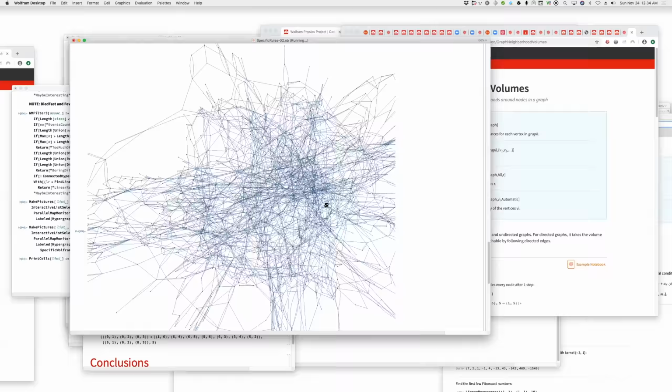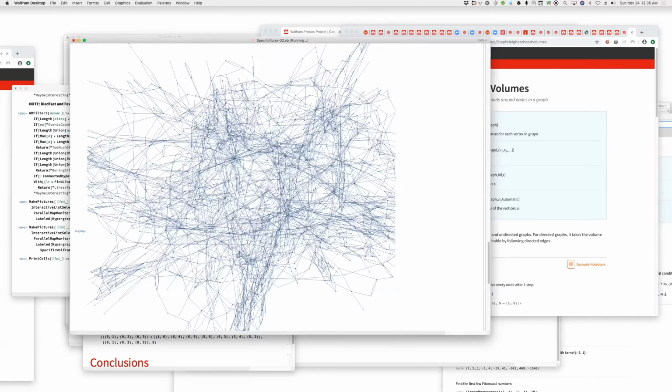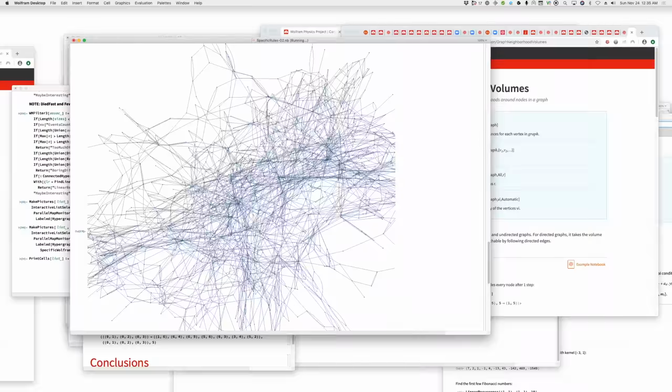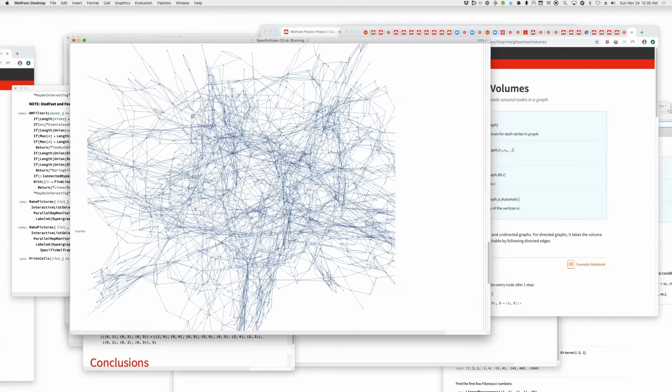I wonder whether the size of the maximum vertex degree is going to increase or decrease with time.